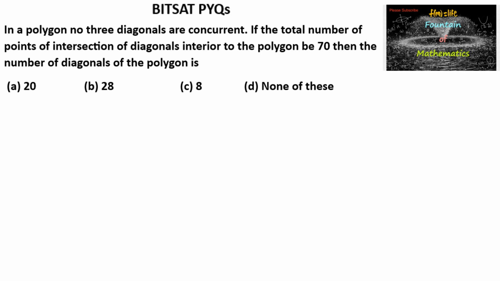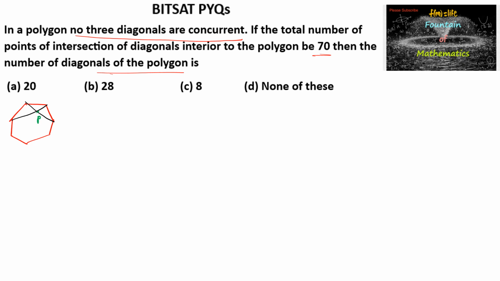In a polygon, no three diagonals are concurrent. If the total number of points of intersection of diagonals interior to the polygon is 70, then find the number of sides of the polygon. We can see very clearly that for any convex polygon, joining any two vertices gives a diagonal, and the other two vertices will lead to one point of intersection, which is interior to the polygon.